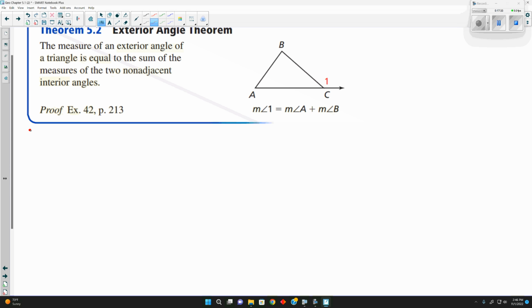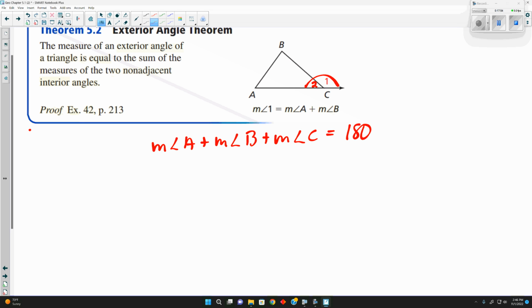If we use what we've learned so far, inside of the triangle, so the measure of angle A plus the measure of angle B plus the measure of angle C is equal to what? 180. Sum of the interior angles of any triangle is 180. Now over here we have 2.